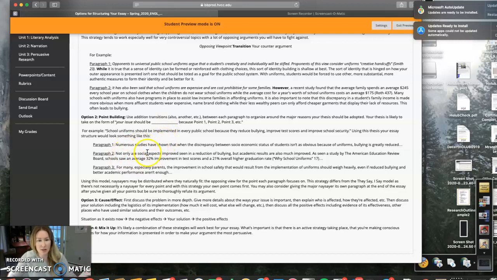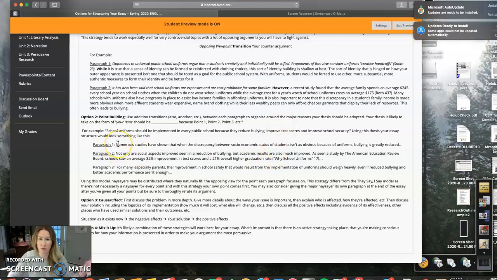So if you look at this example, if I'm staying with the same topic of public school uniforms, if your thesis had 3 points, that first, uniforms reduce bullying, they improve test scores, and improve school security, then again, if you remember our discussion about thesis statements, that would dictate which order your paragraphs come in.